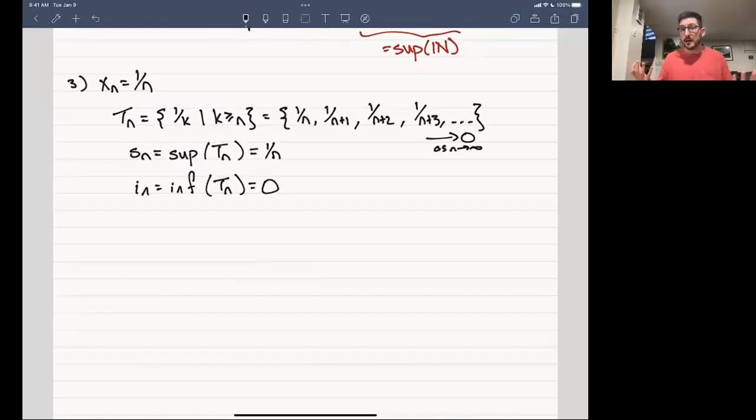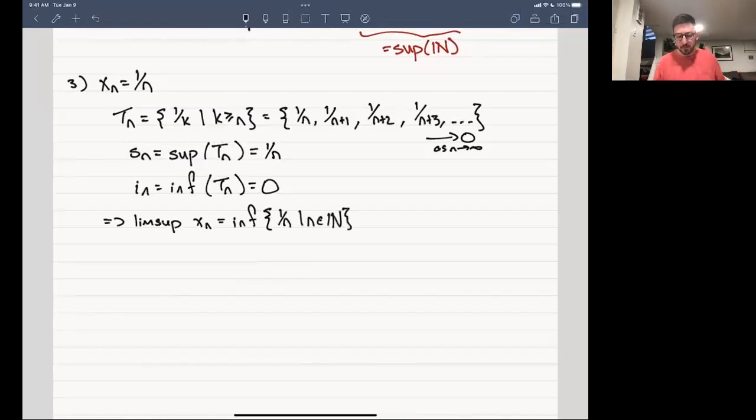And of course, 0 is itself a lower bound here because everything in here is positive. But then this tells me that the lim sup of x_n is just the infimum of 1 over n, where n is in the natural numbers, right?